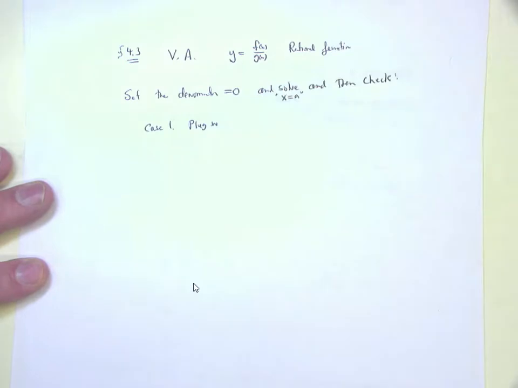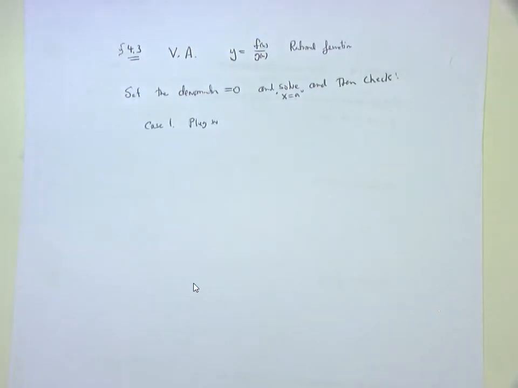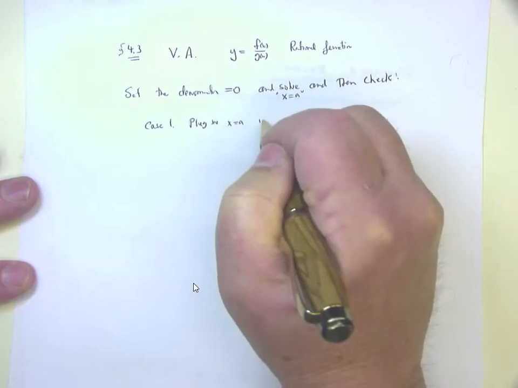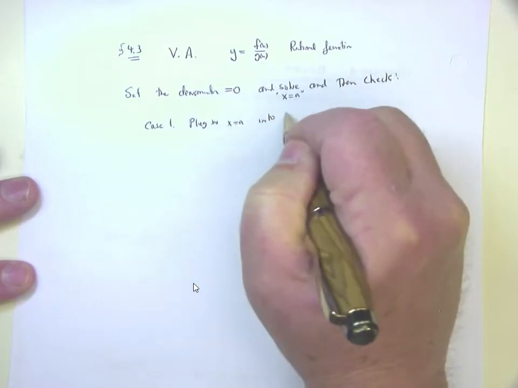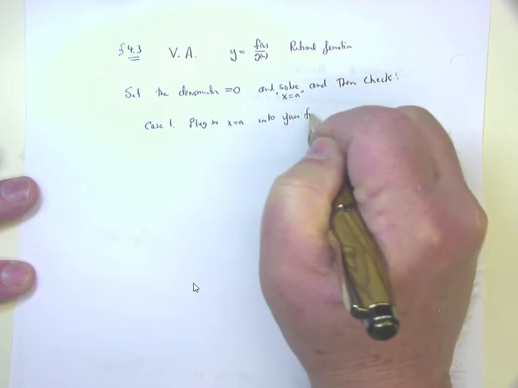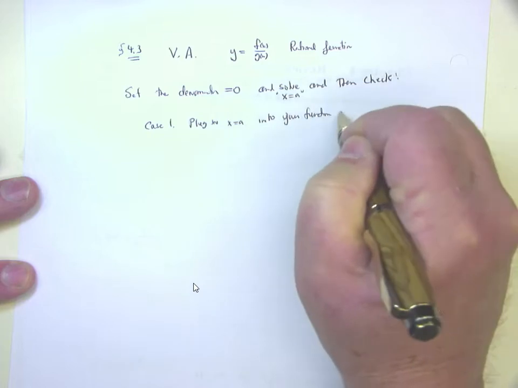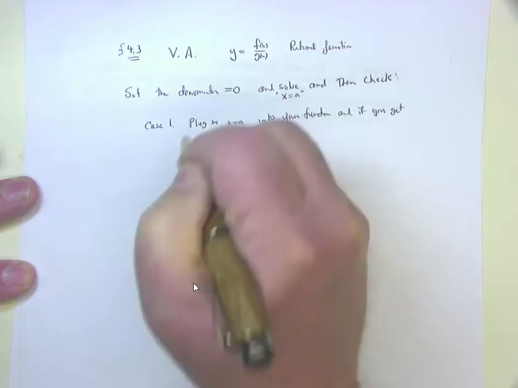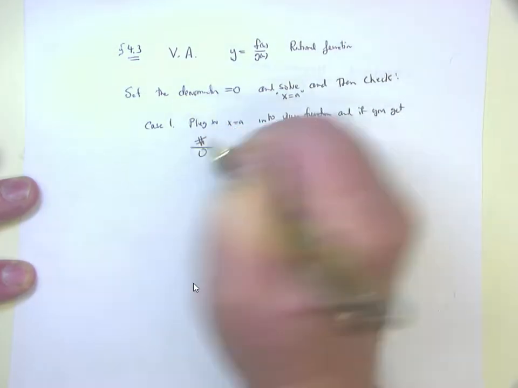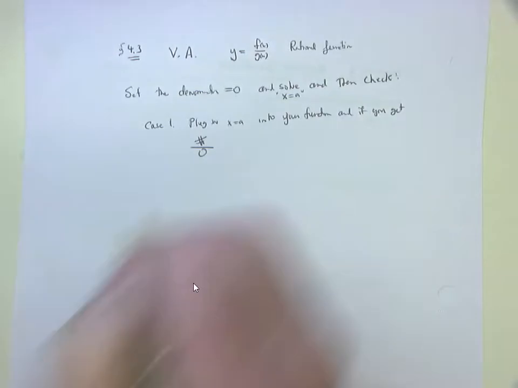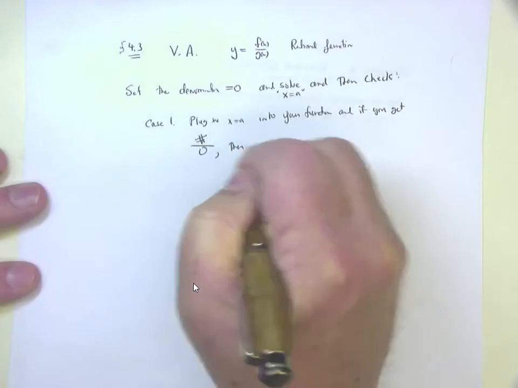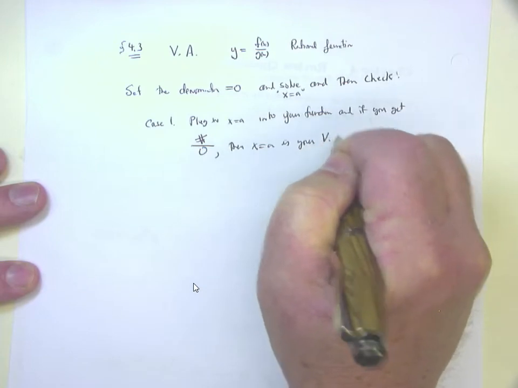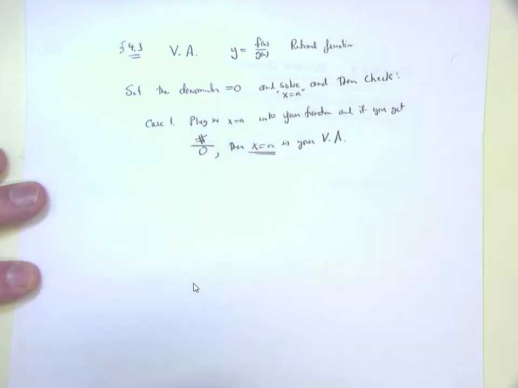You plug x equals a into your function, and if you get a number divided by 0, then x equals a is your vertical asymptote. And it's an equation, x equals a.